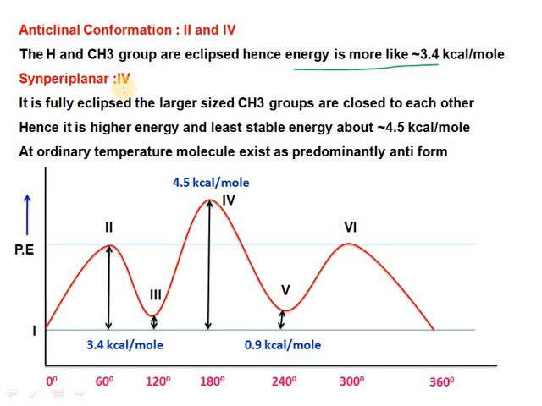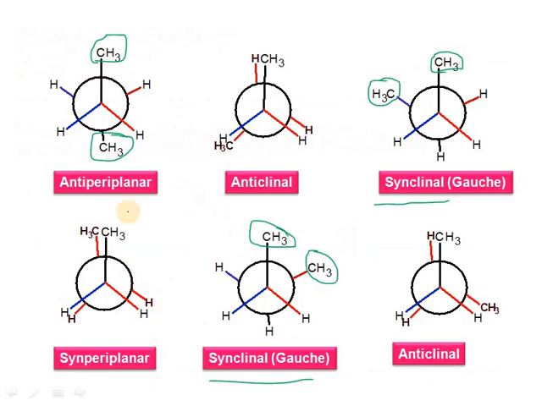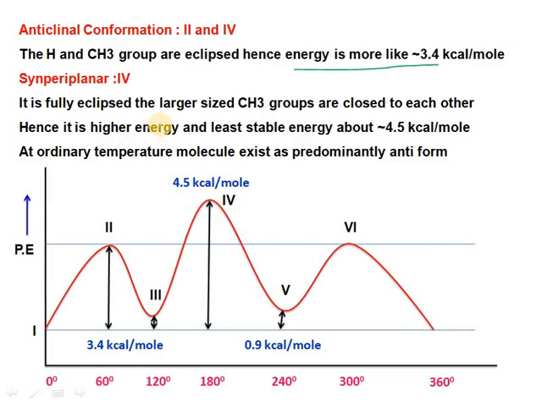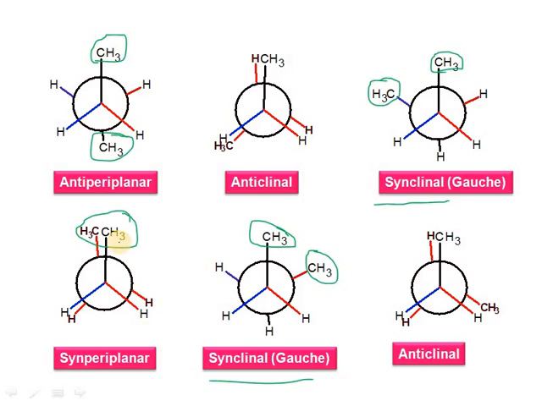And syn-periplanar, that is structure four, produces large steric repulsion between these groups.